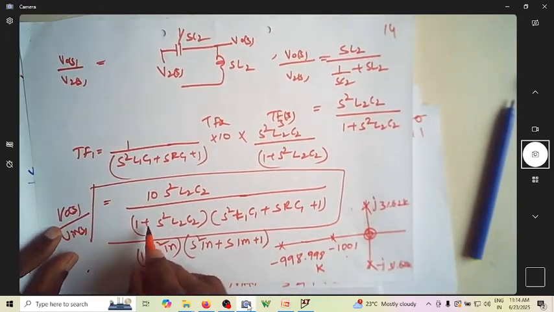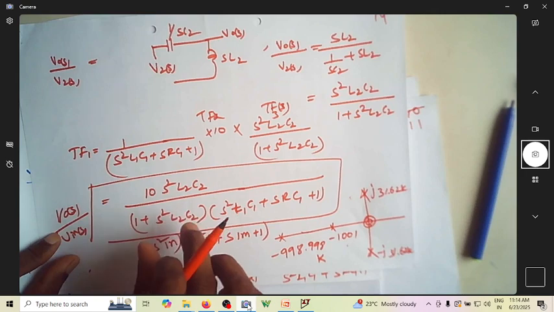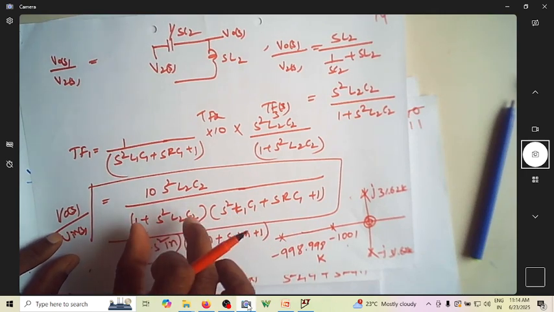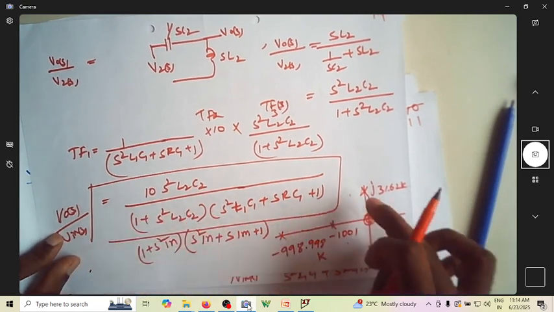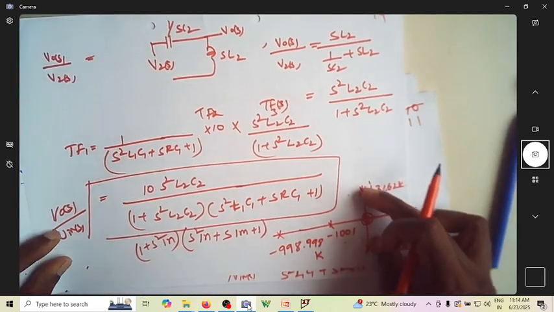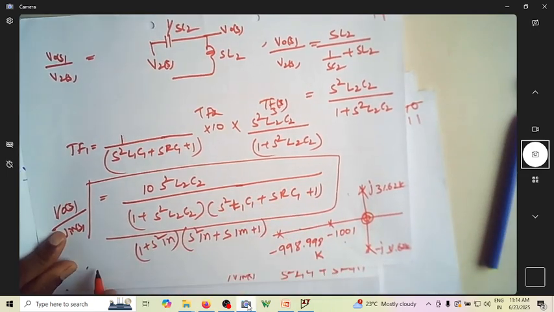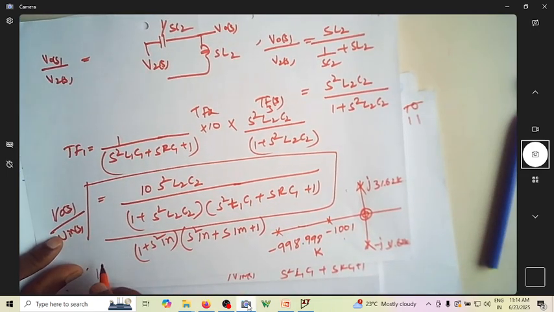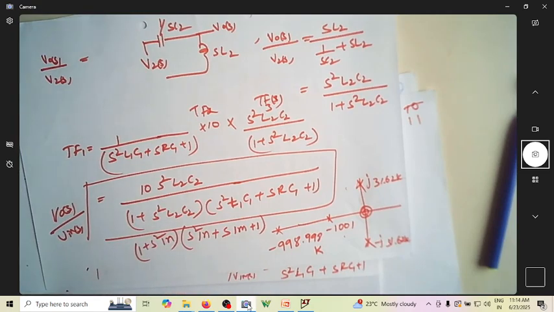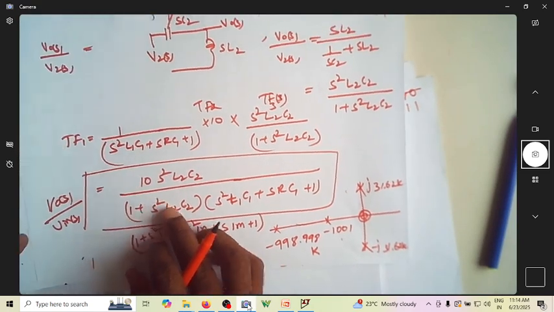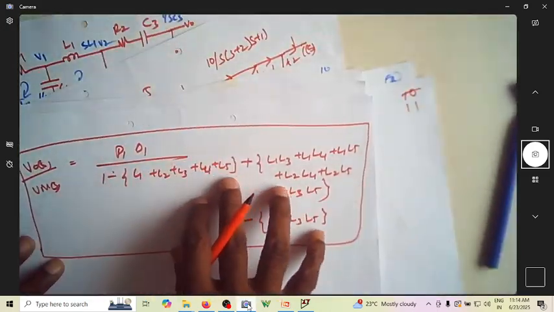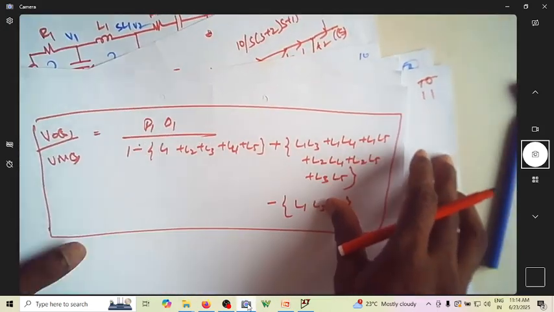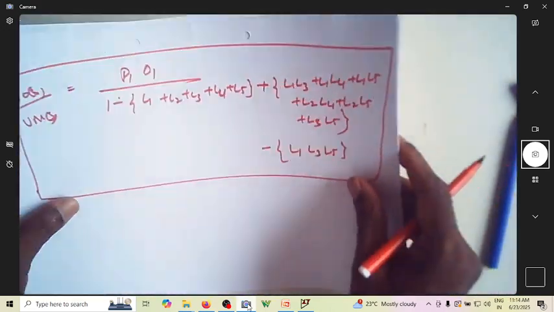This is now in pole-zero form. You can simply write that this is one pole, and a set of complex poles which are imaginary. So you're trying to identify the pole positions. Here also you can solve for this and get the transfer function.